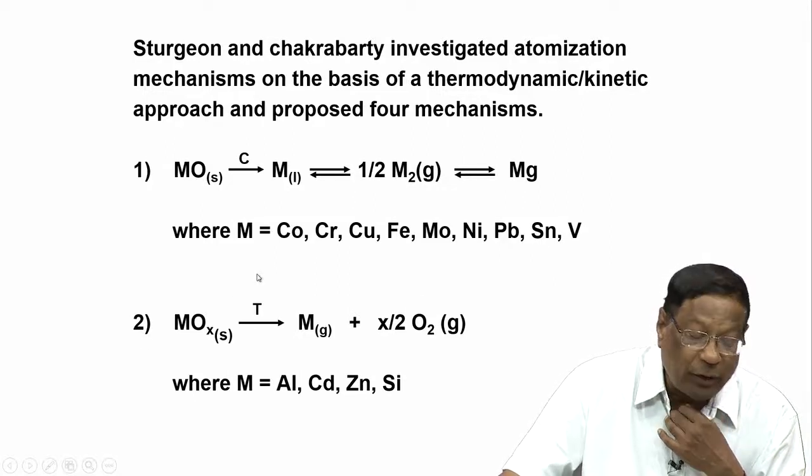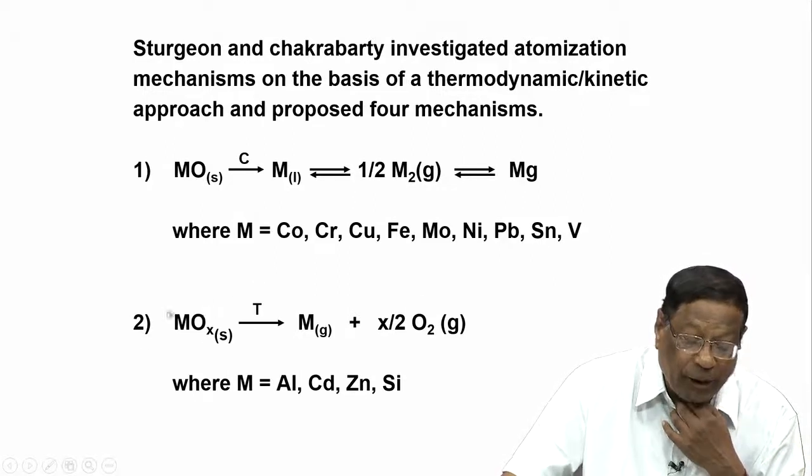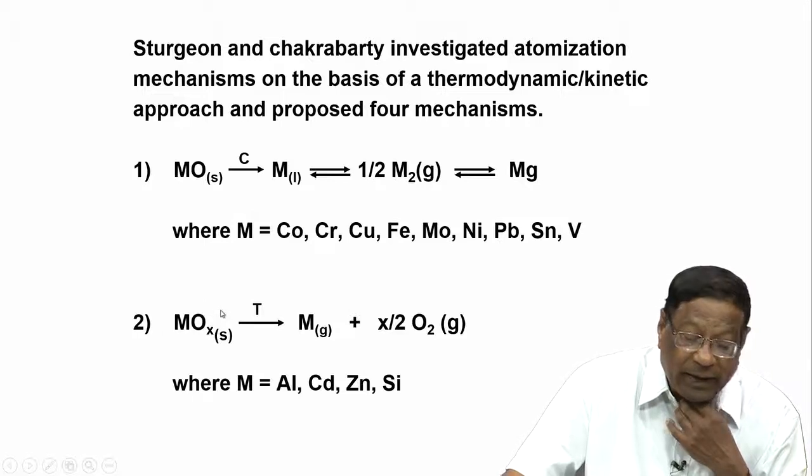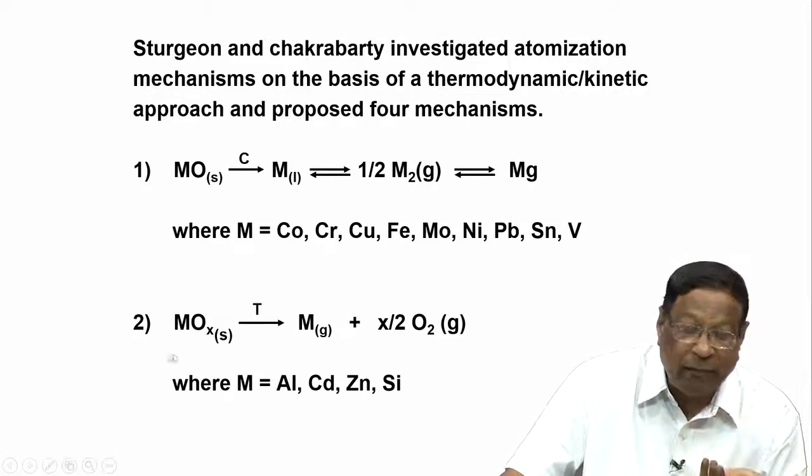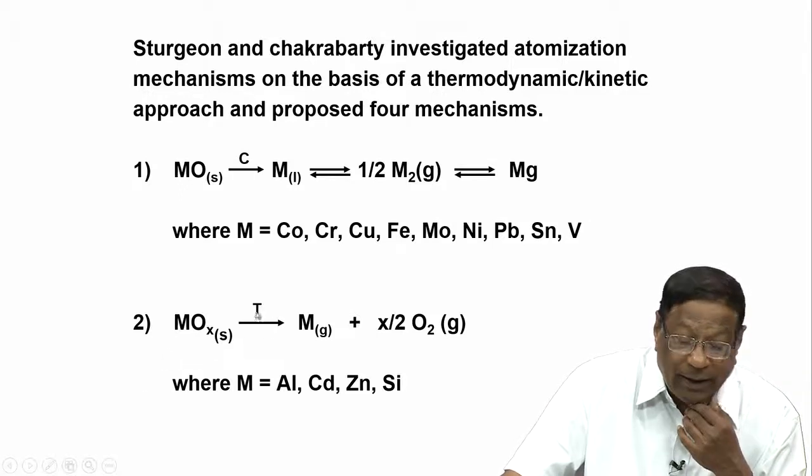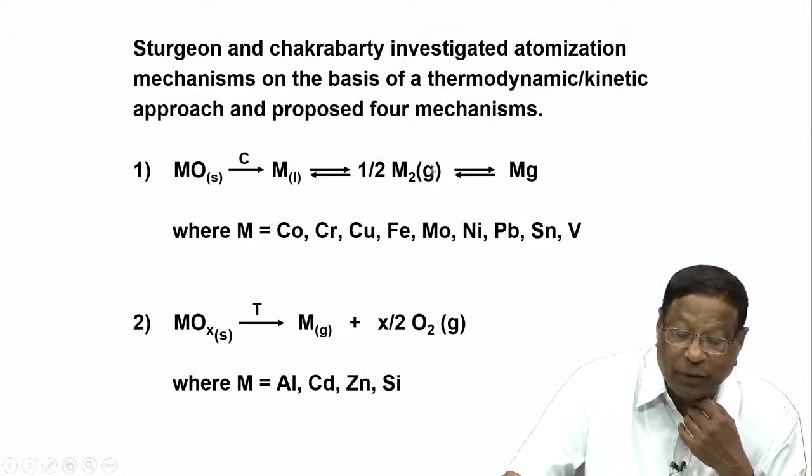Another mechanism they said is, suppose I have MOx, that is a variable form of oxide, M2O3 or something like that, and then when I heat it, the solid component goes to metal and releases oxygen. Here there is no release of oxygen, but it forms carbon monoxide.